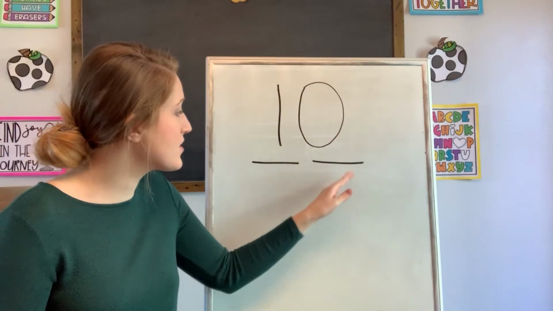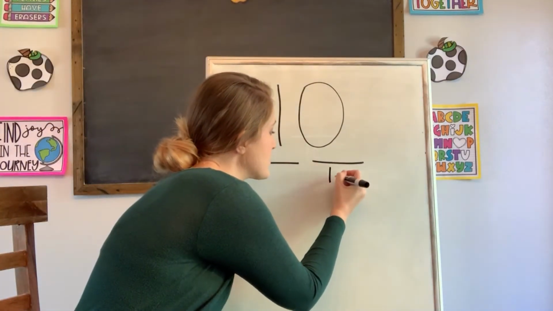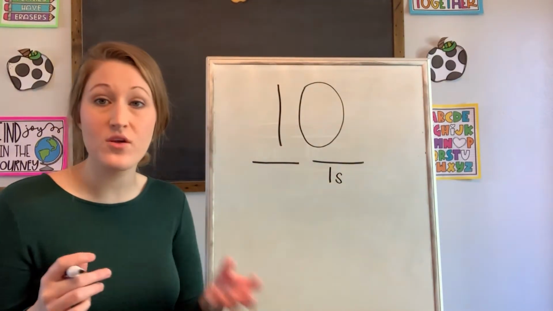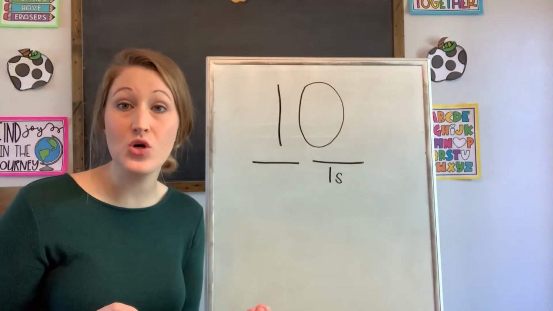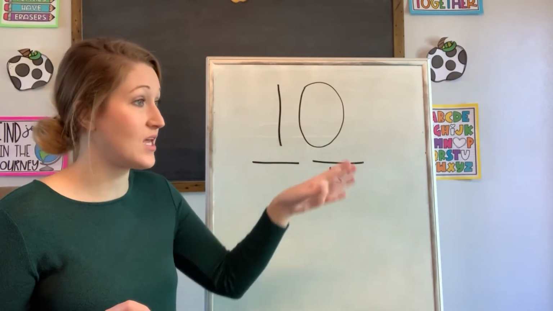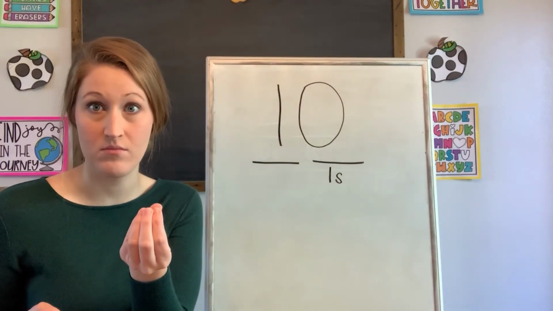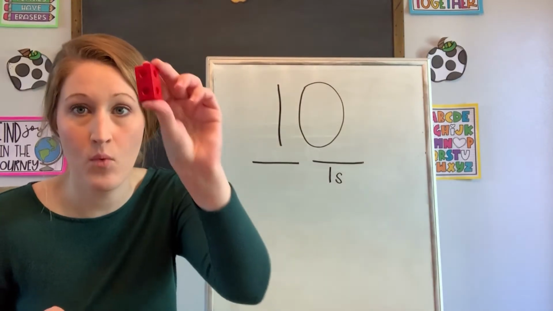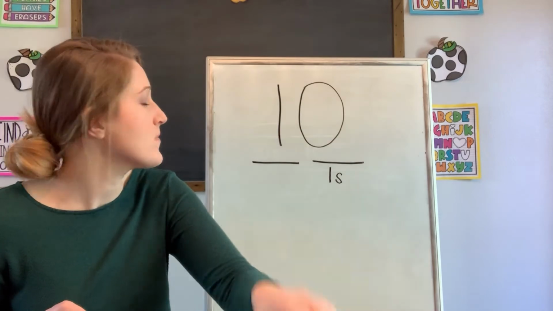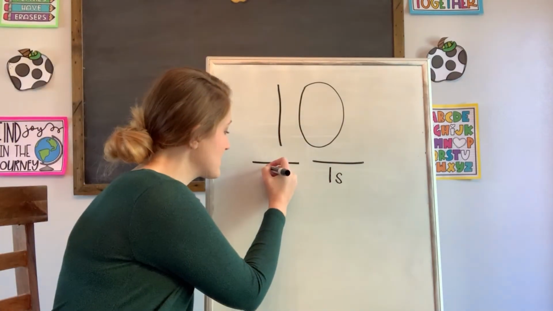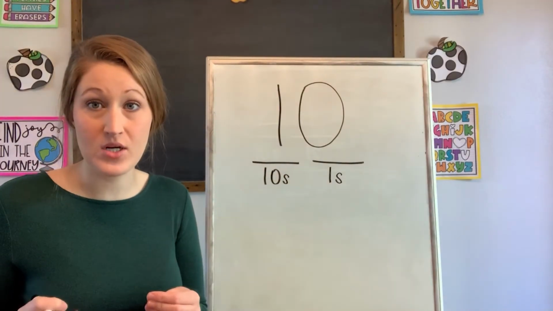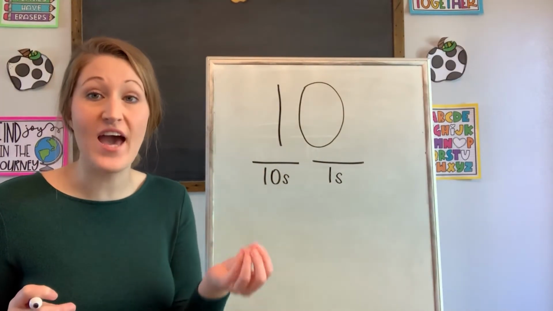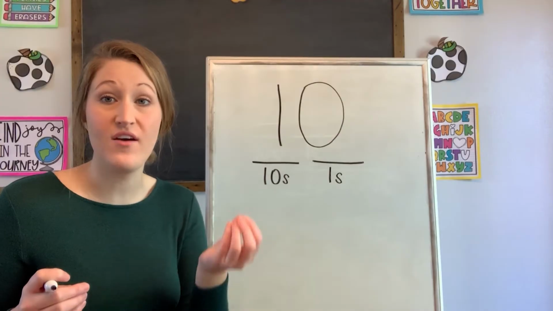So this 0 is in the ones place. So it's worth a value of a 1. So if I have a 2 in the ones place, that means that I have 2 of something, right? I have 2 of them. 1, 2. But when I come over here to my tens place, each number in the tens place has a value, a worth of 10.